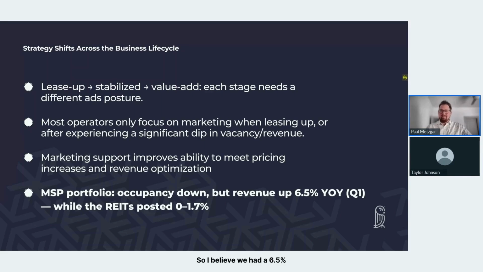I believe we had a 6.5% increase in Q1 year over year. Meanwhile, the REITs posted closer to a 0 to 1.7% year over year revenue increase. So it's part of that stabilization of our current business cycle, but it allows us to do revenue optimization and manage the business well.